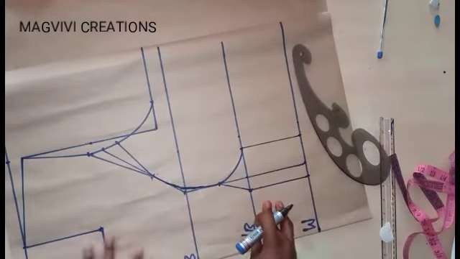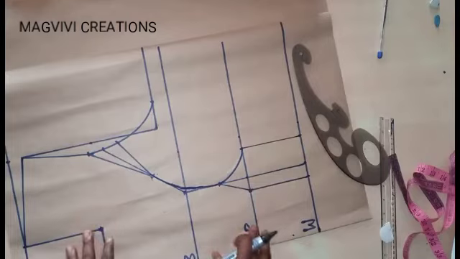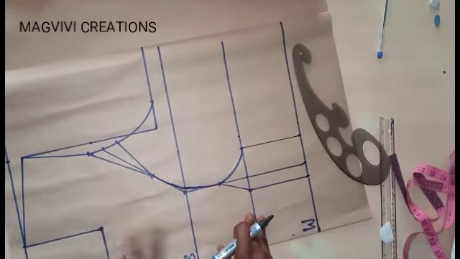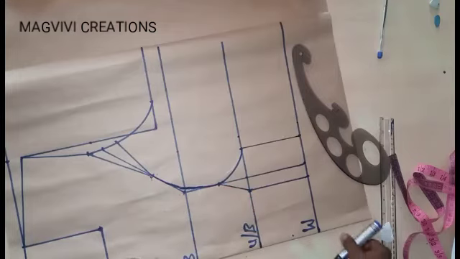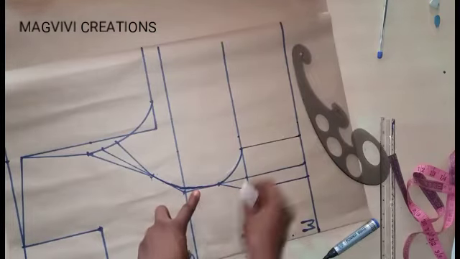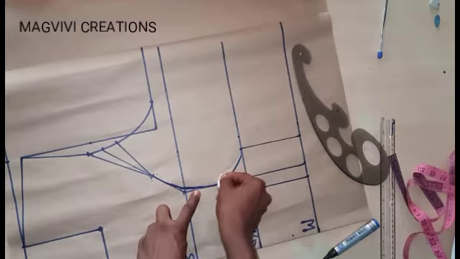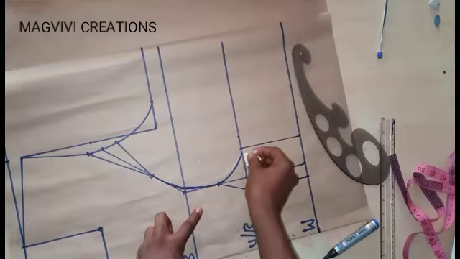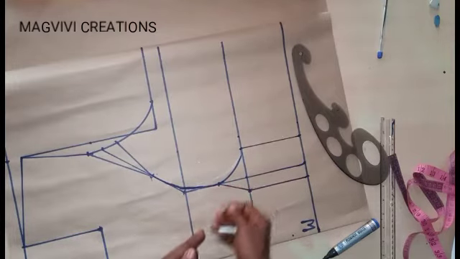So looking at this cup now, you can see it is big enough to accommodate the bust of this person. Okay, you can see I have extended it. But if I had marked at 1 inch and connected, this is how it will go. You can see the space we have here. But what I've created now, I've created more room.